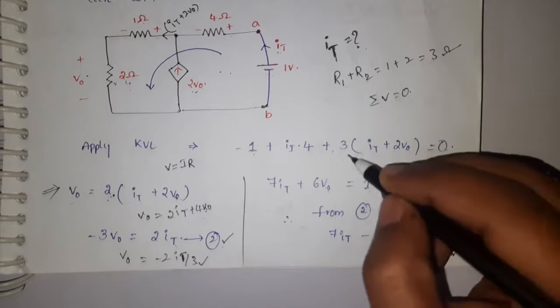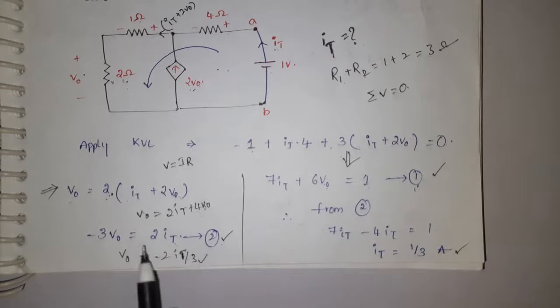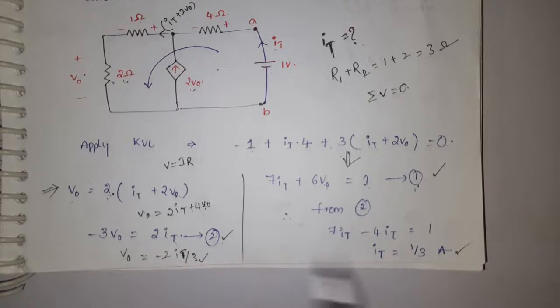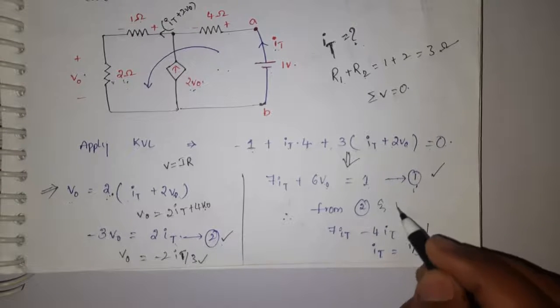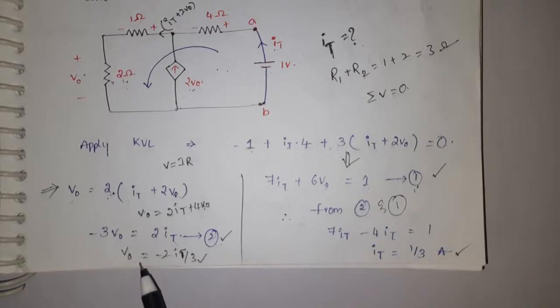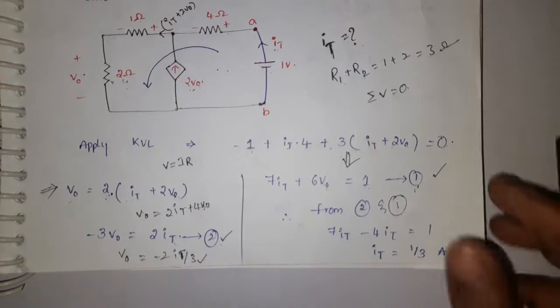From this we got equation number 1, and from here we got equation number 2. From 2 and 1, when we substitute the V naught value, we get the IT value which is equal to 1 by 3 ampere.